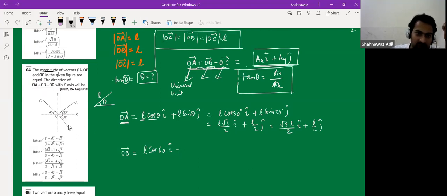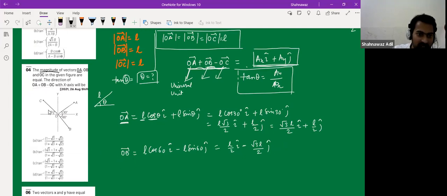OB is, yes, it will be minus L sin 60 J cap, right? So this would be L by 2 I hat, and this would be root 3 by 2 L J cap. So this is OB.